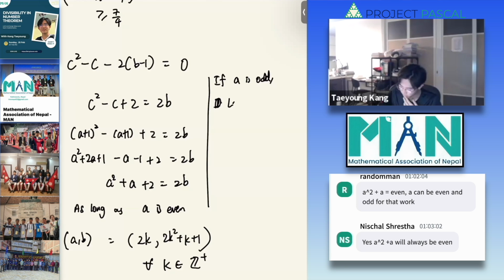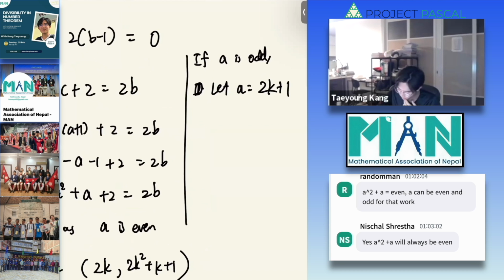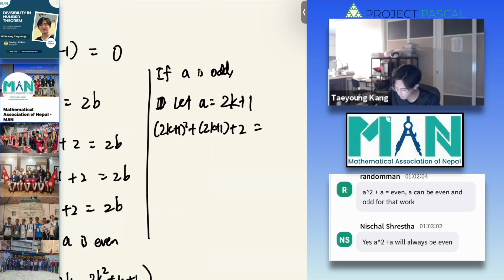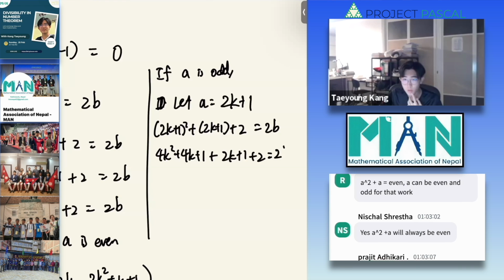Then let A equal 2k plus 1. Then we have (2k plus 1) squared plus 2k plus 1 plus 2 equals 2b. Correct. Then we have 4k squared plus 4k plus 1 plus 2k plus 1 plus 2 equals 2b.